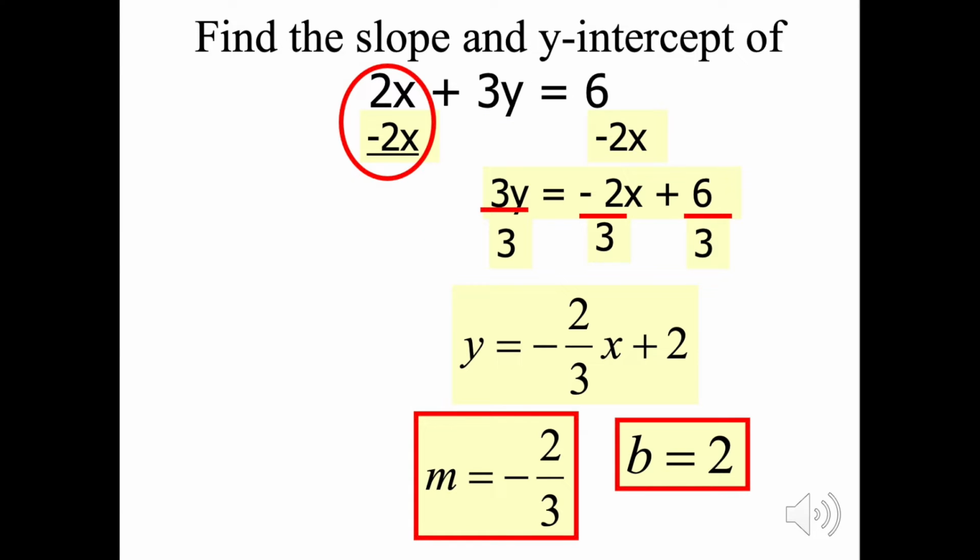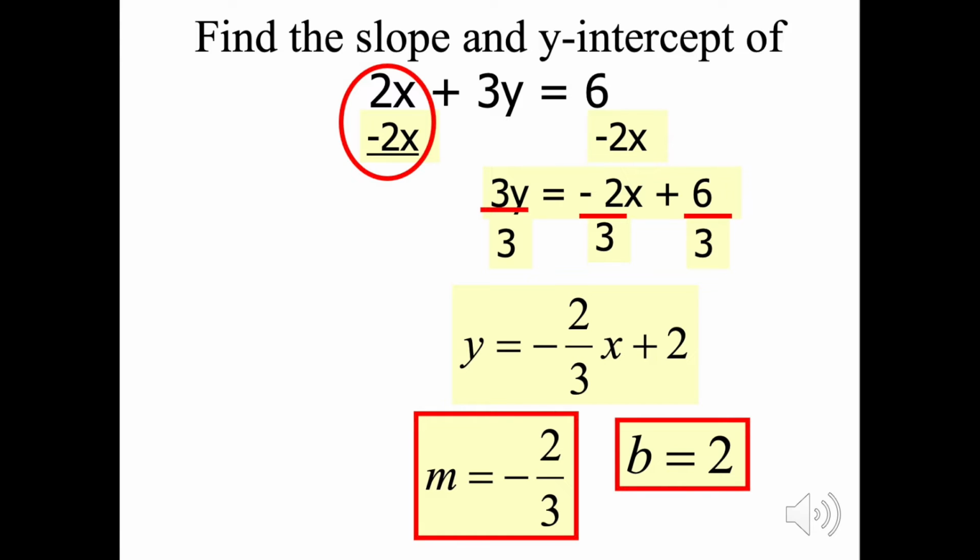Here's the third example of the y equals mx plus b formula. This time we have 2x plus 3y equals 6. Now, you can notice that the 2x does not belong on the left side. So we can remove the 2x from the left side, and we also remove 2x from the other side, which gives us 3y equals negative 2x plus 6.